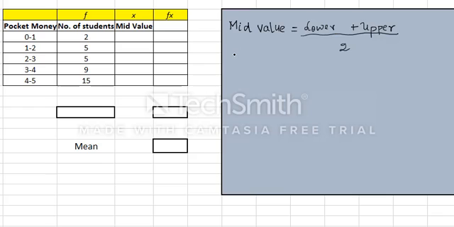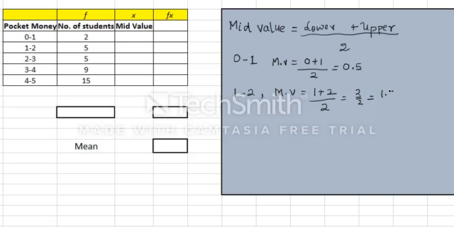For example, in the first case, when the data interval goes from 0 to 1, the mid value is going to be equal to 0 plus 1 divided by 2, which is equal to 0.5. In the second data interval, between 1 to 2, the mid value will be 1 plus 2 over 2, which is equal to 3 over 2, which is 1.5.